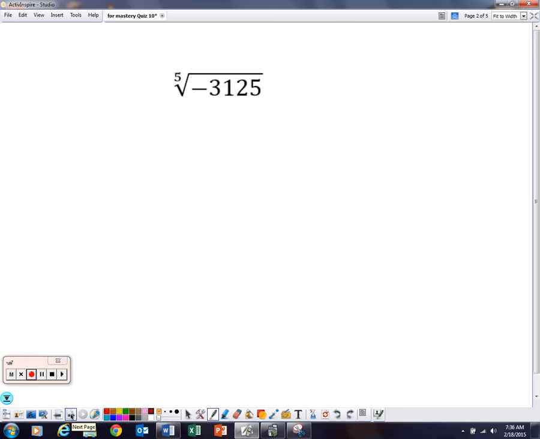All right, the fifth root of negative 3,125. Now remember what this means. This means we want to know what number you can multiply to itself 5 times to get negative 3,125.